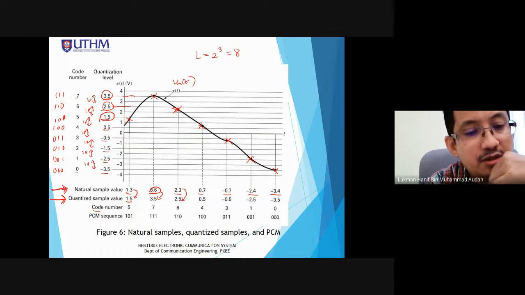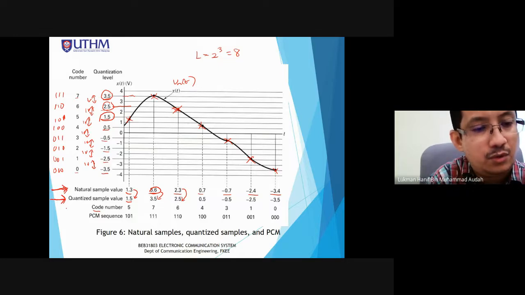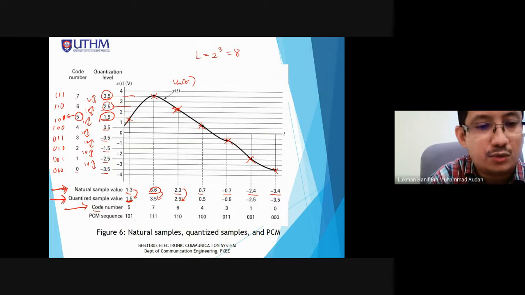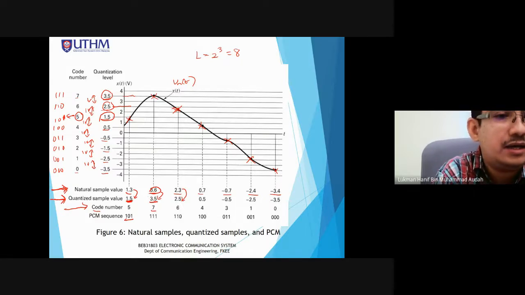So that means if you see from here, the third row here, code number. So 1.5 quantization is represented by code number 5, which is equal to binary 101. Okay, and then 3.5 volt for the quantization level is represented by code number 7.